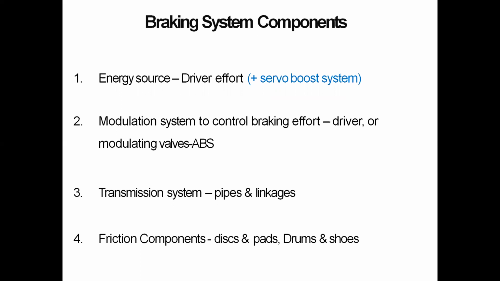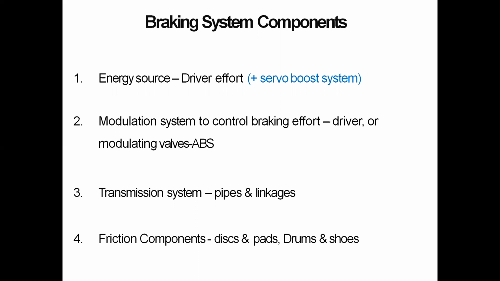And the modulation system to control braking effort: driver or modulate valves, ABS system. That means automatic braking systems we are using in some automobile vehicles, a modulation system to control the braking effort in the driver's hands.